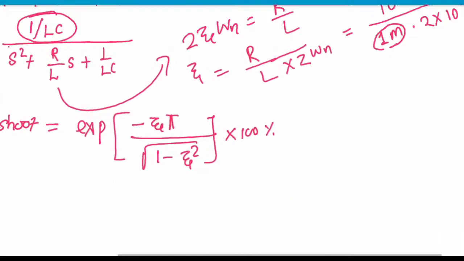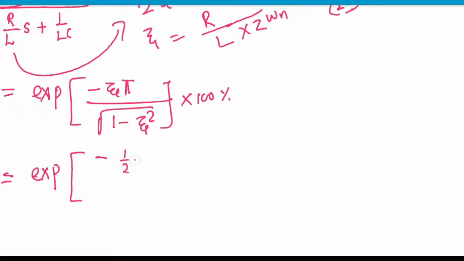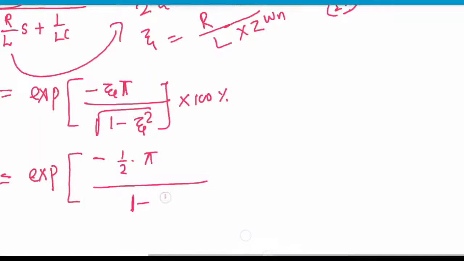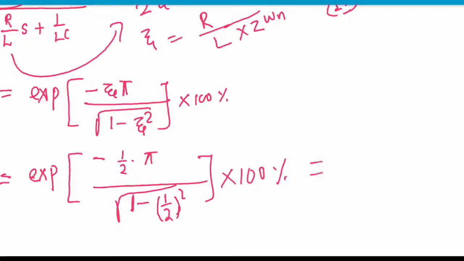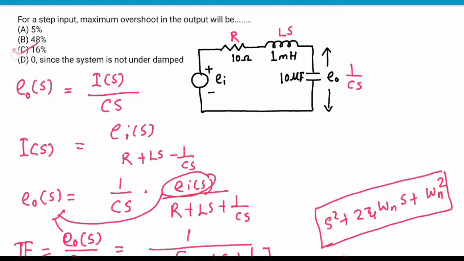So this one will be exponential of minus zeta pi, zeta is half, into pi by root over 1 minus half square into 100, and this will be calculated to be 0.16 into 100, which will be around 16%. So here the answer C is the correct answer.